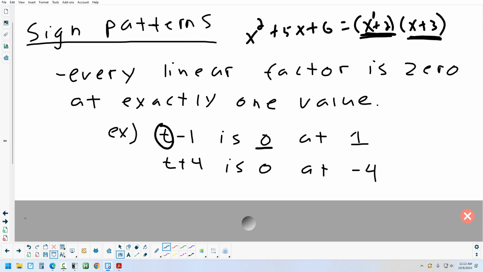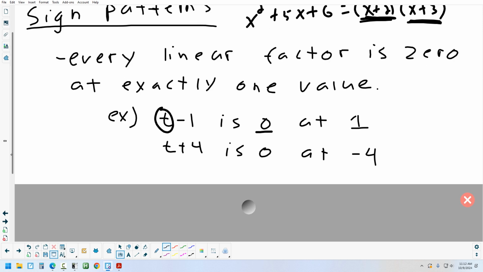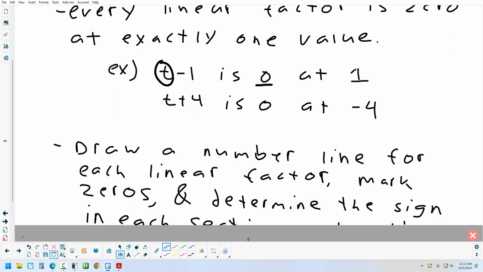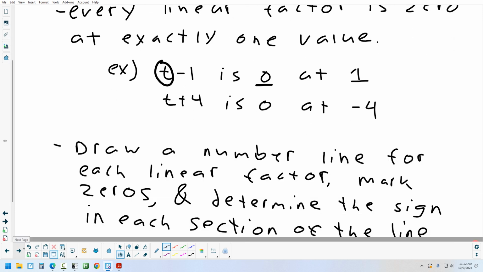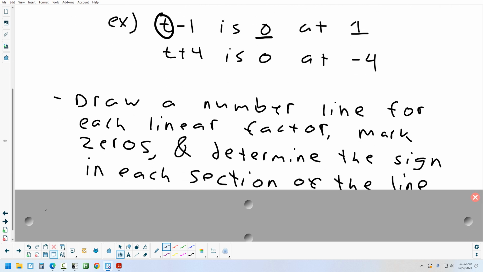So once we have figured out our factor and the number that we can plug in to get 0, we're going to make a number line. The number line is more of a visual, so that we can remember what's going on.